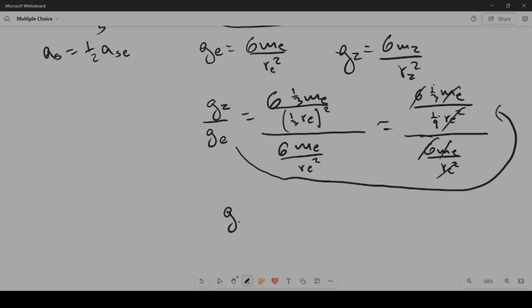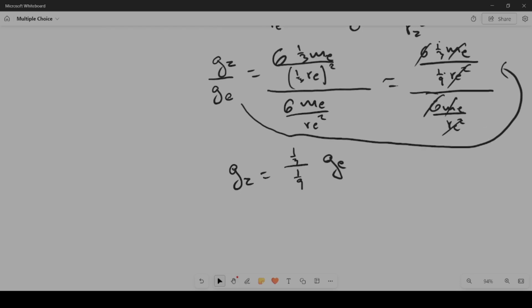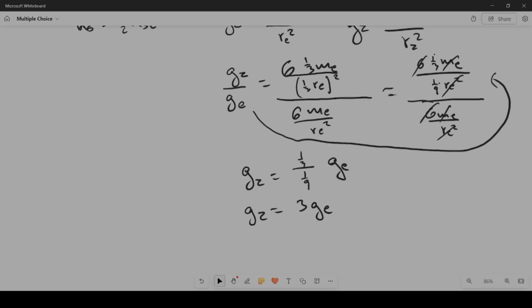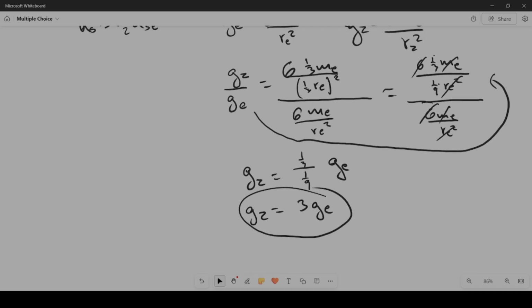So g of Z equals 1/3 over 1/9, and all of that multiplies gE. And so 1/3 over 1/9 equals 3, so g of Z equals 3gE. And that's going to be your answer.